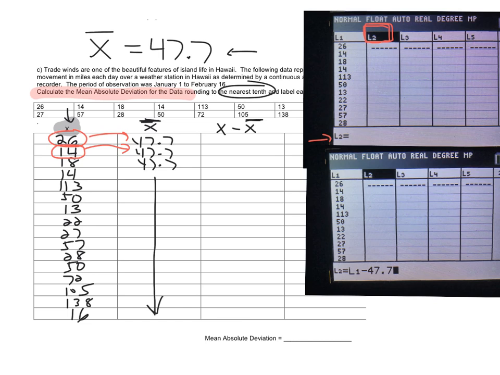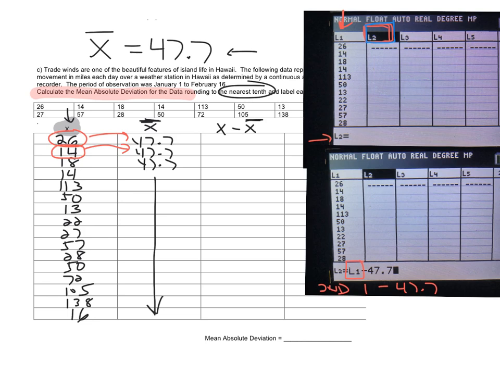While the cursor is on this list 2, you're going to press second and then the number 1 to bring up list 1 minus 47.7. Because what you want the calculator to do is take all of the data in list 1 and subtract 47.7.